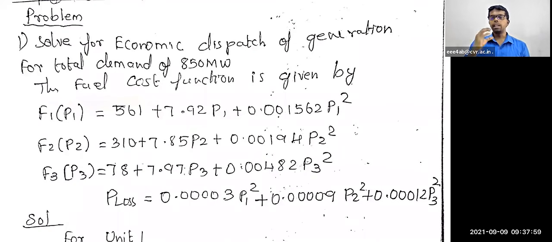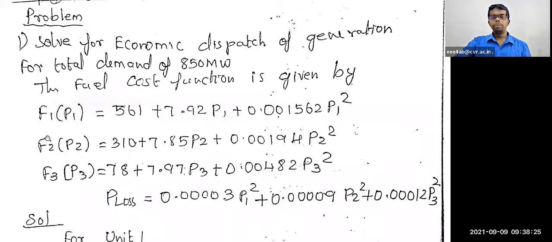So you have to be very, very careful while reading the questions, whether it is the fuel cost function, heat rate function, or the differentiation. Only after you see that, go for solving. Don't simply solve the problem blindly. It is very, very important.